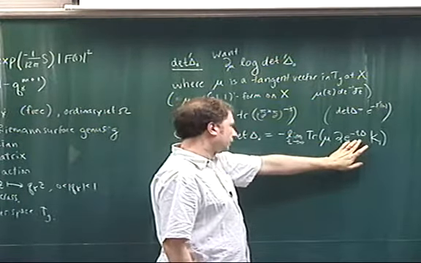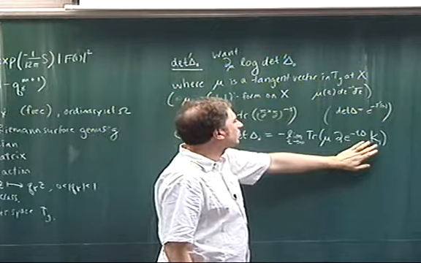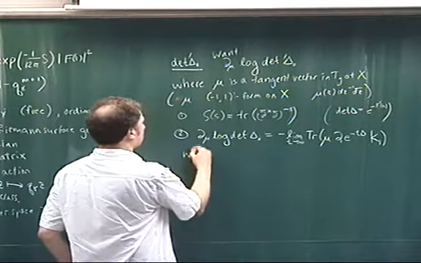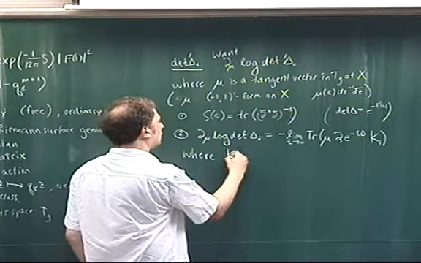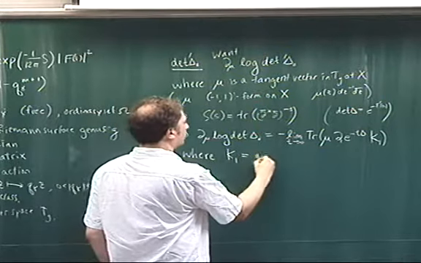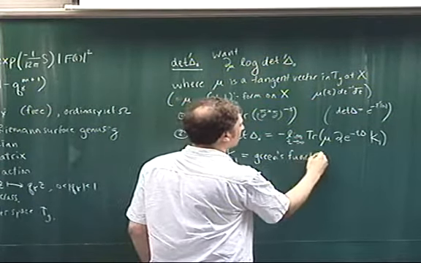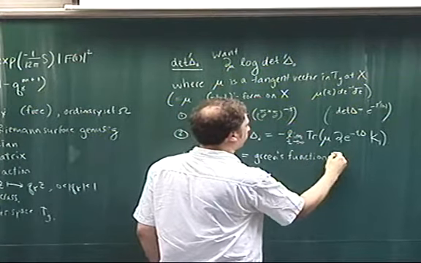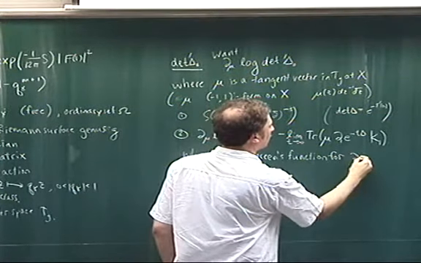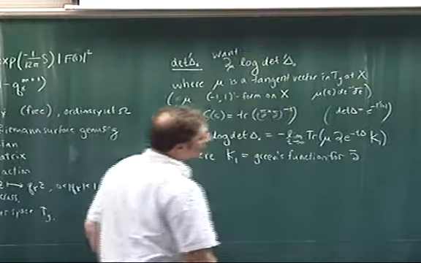So this is the heat kernel. K1 is the Green's function for d bar.